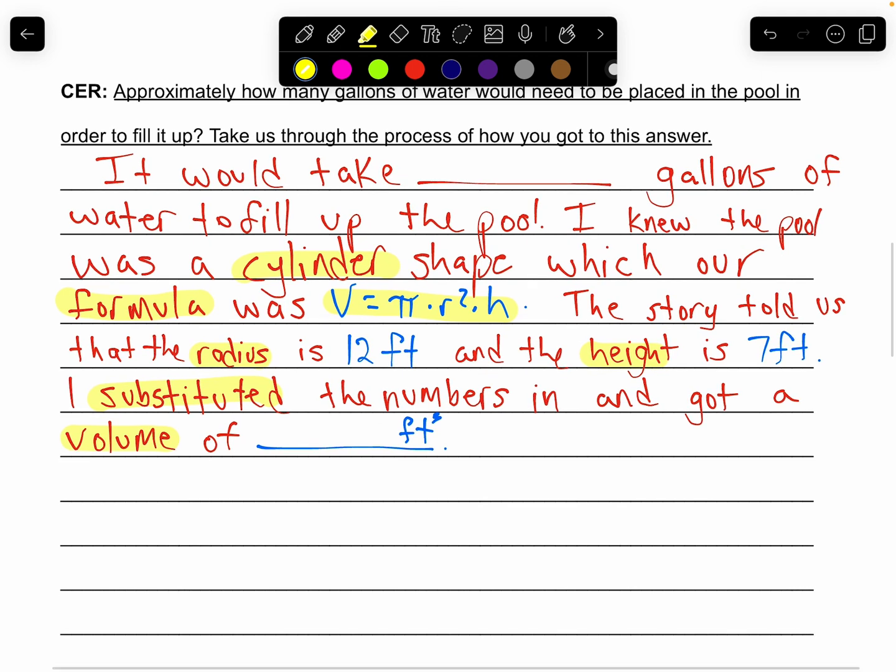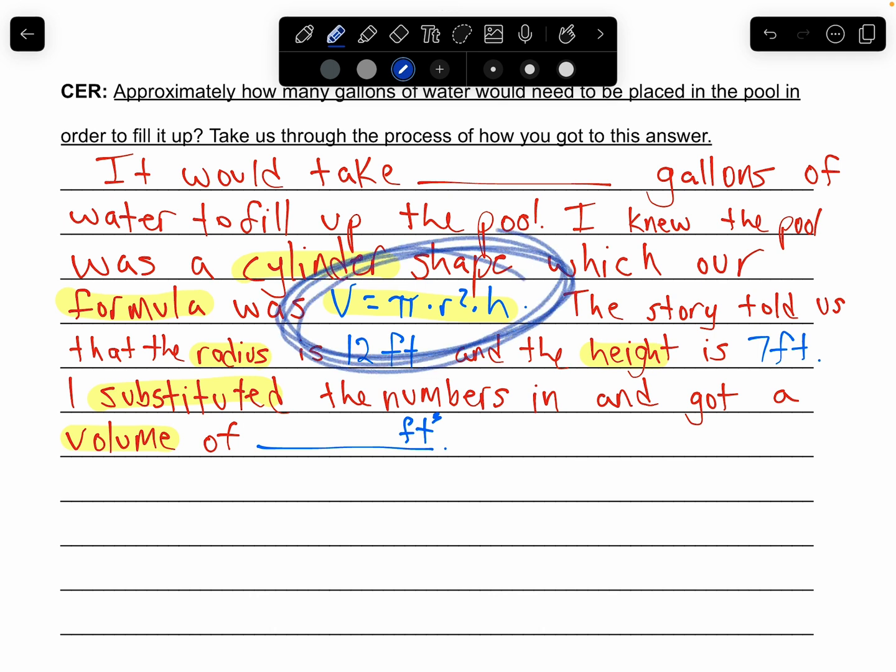That was part B. So part A was, I know what the formula is. Part B was, I know what the volume is. Part C, we had to convert it to gallons.